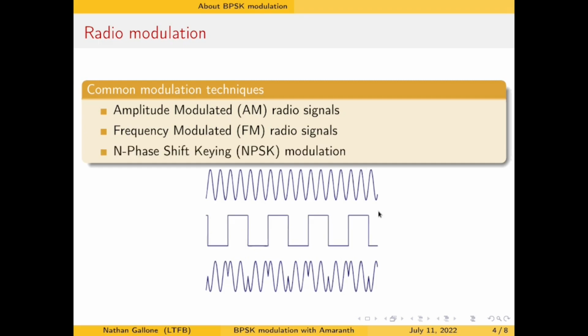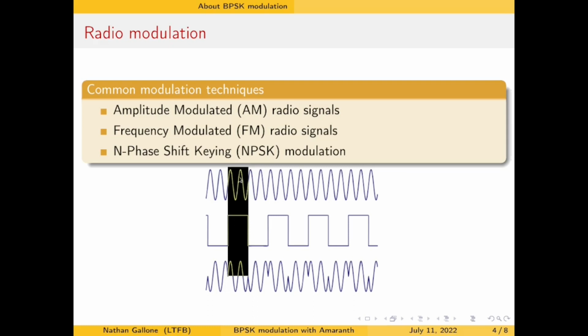And finally, phase shift keying modulation is the fact that you are changing the phase of your carrier signal. Here you see you have up and down, and here instead of having up and down, it goes down and then it keeps going on. So let's see here, for example.